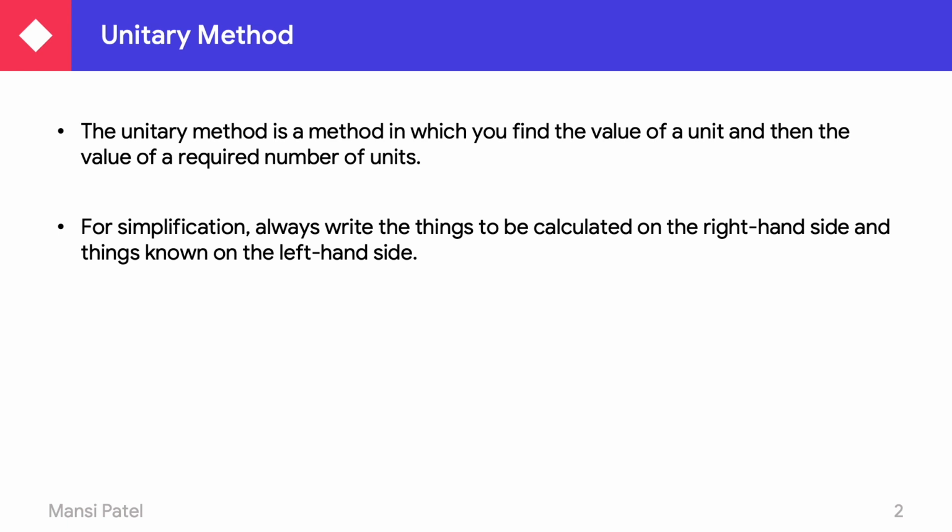For simplification, always write the things to be calculated on the right hand side. In the unitary method, you have to make two columns. On the right hand side, write what you want to calculate, and on the left hand side, write the things you know.